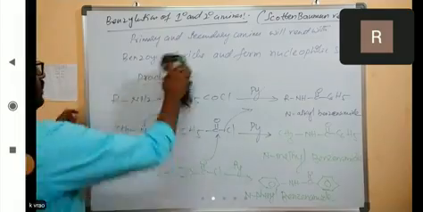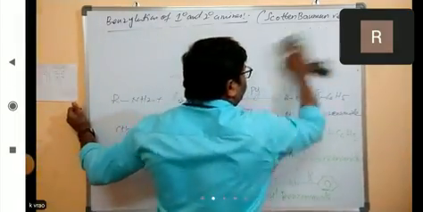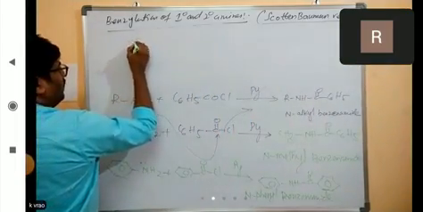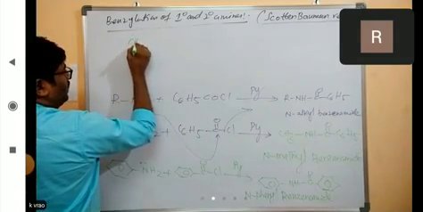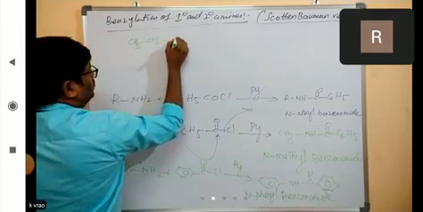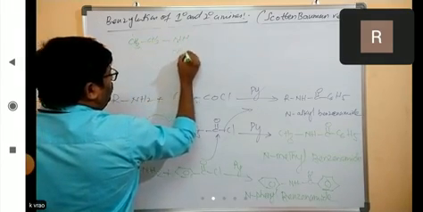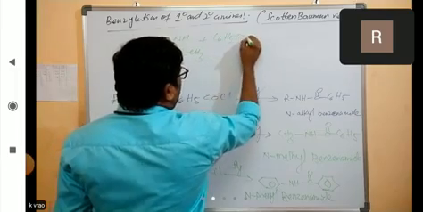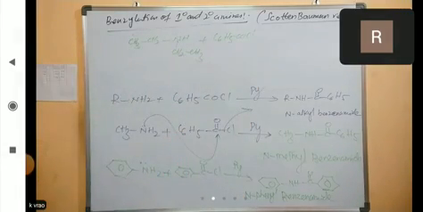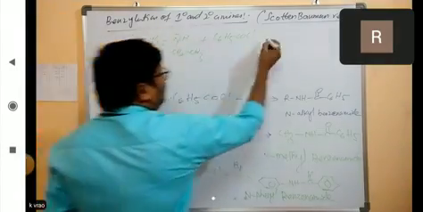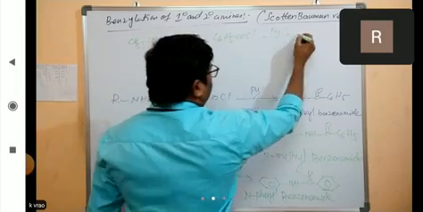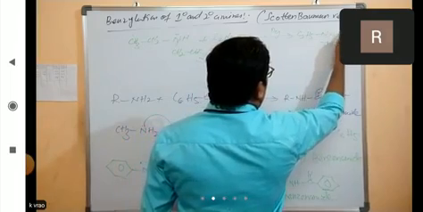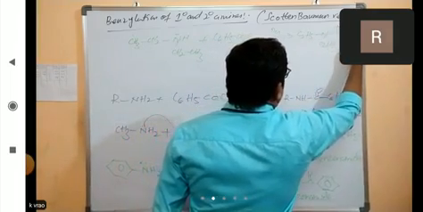This reaction is called the Schotten-Baumann reaction. If I take a secondary amine with two same alkyl groups, CH3CH2NHCH2CH3 plus C6H5COCl in presence of pyridine, it gives C2H5 N, and here also C2H5 C double bond O C6H5.